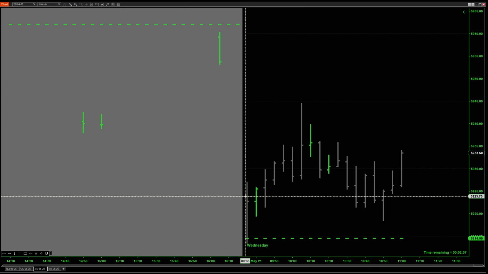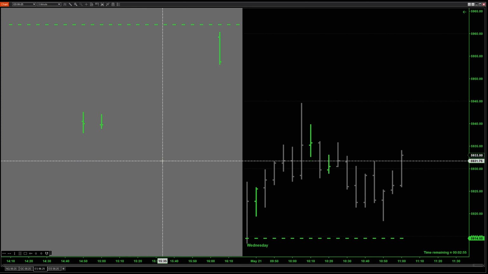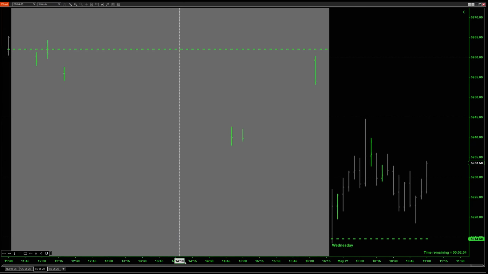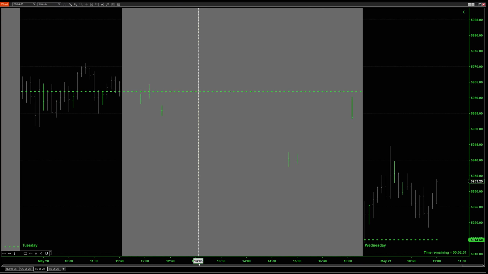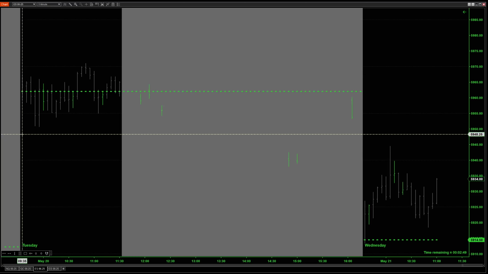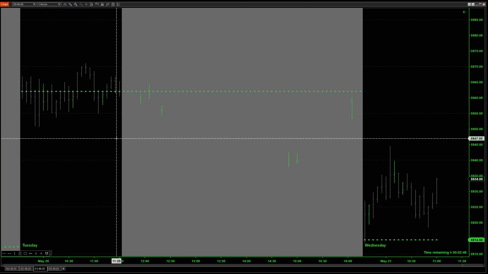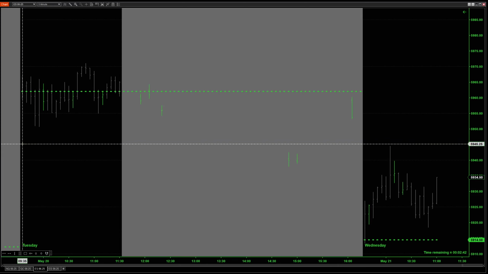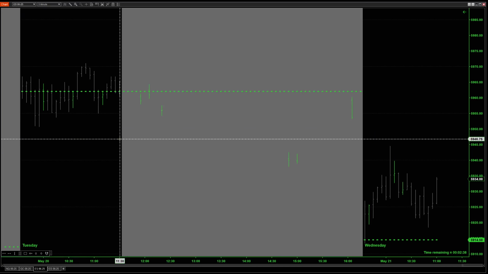So, what do we have here? This chart is just the regular trading hours of the E-mini. And the area where the background is black is the 9:30 open. So this candle opens at 9:30 a.m. to 11:30.